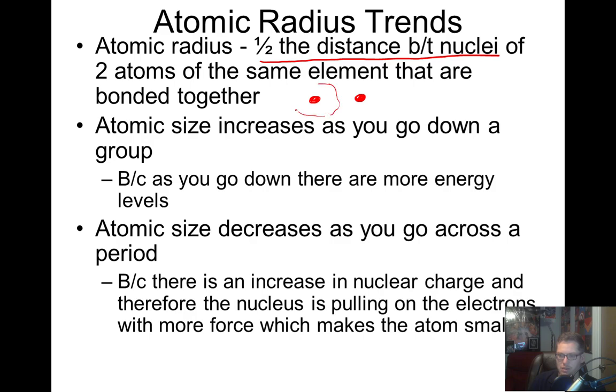The distance from here to here is the distance between these two nuclei, and we're talking about half that distance. That would be defined as the radius.